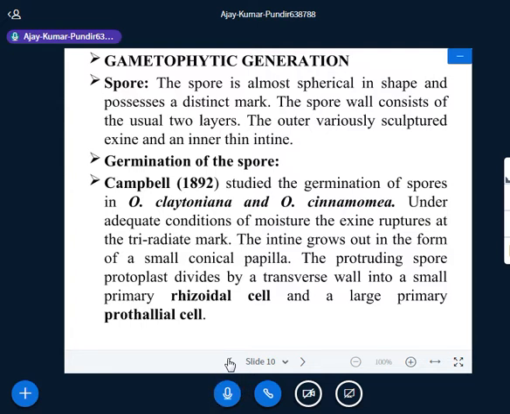Now the first prothallial cell undergoes various divisions and produces the whole prothallus of Osmunda, and the germination of spores was well studied by Campbell in 1892.